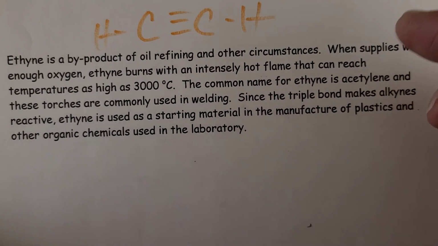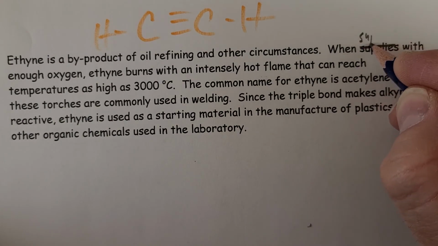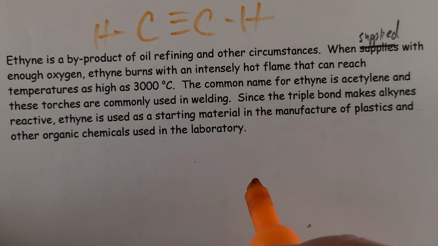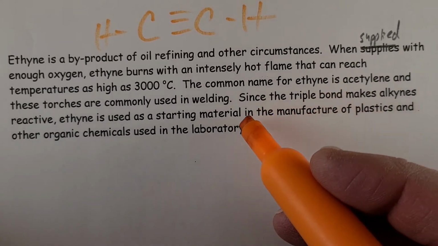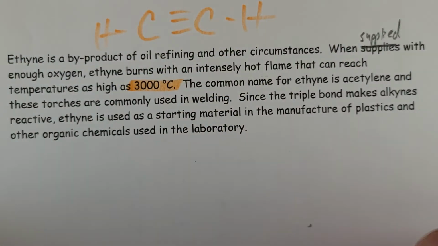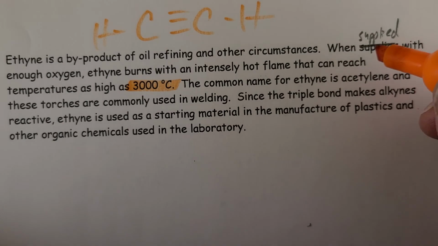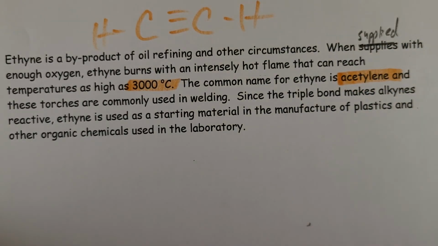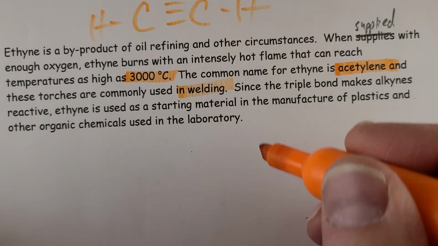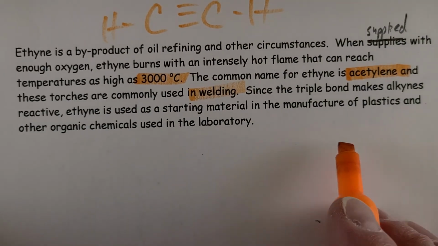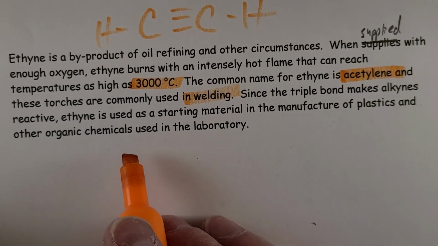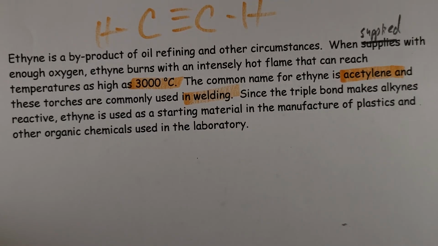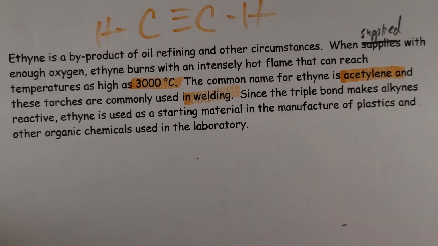When supplied with enough oxygen, ethyne burns with an intense hot flame that can reach temperatures as high as 3,000 degrees C. And of course, the common name for ethyne is acetylene. And you have heard of acetylene torches, likely used in welding. Since the triple bond makes alkynes reactive, ethyne is used as a starting material in the manufacture of plastics and other organic chemicals used in the lab.